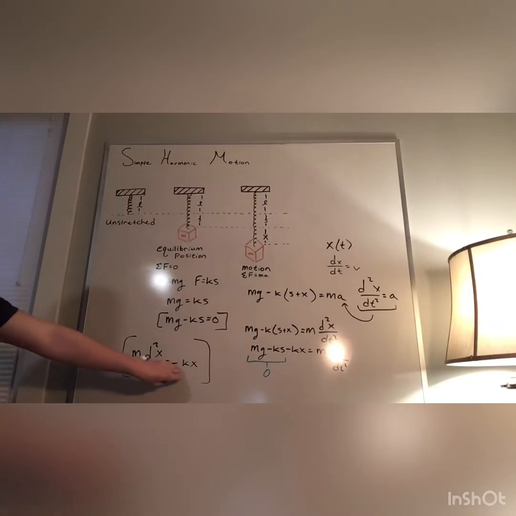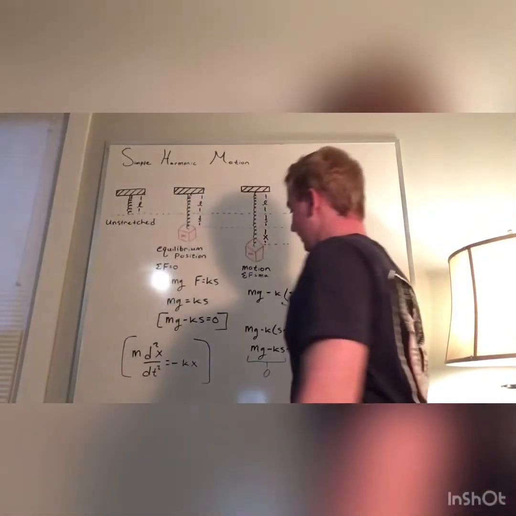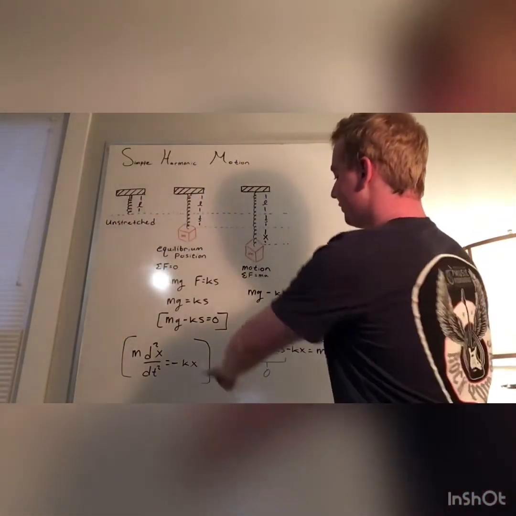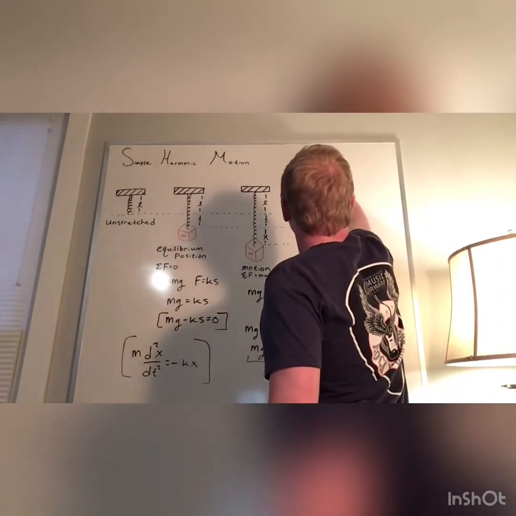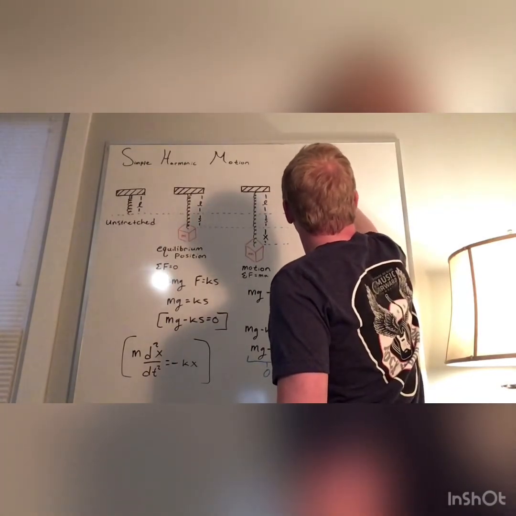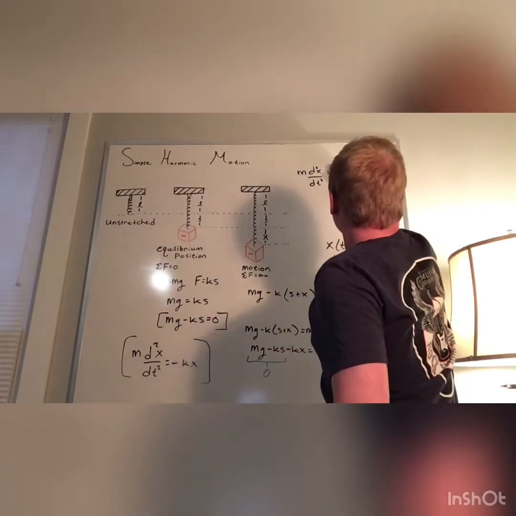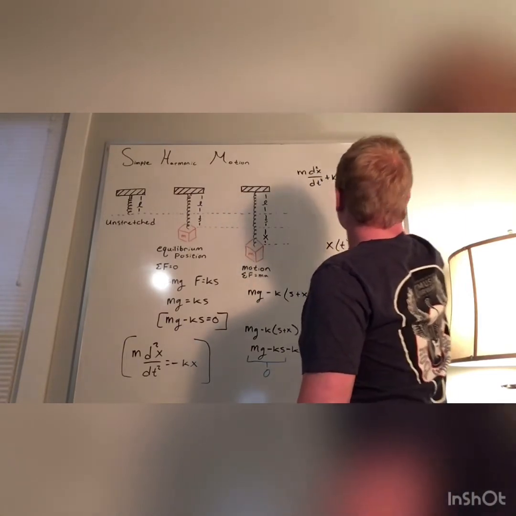So let's add this over and get this coefficient to be a 1 in front of our highest order derivative. So when I add this over, I'm going to have m times the second derivative plus kx is equal to 0.